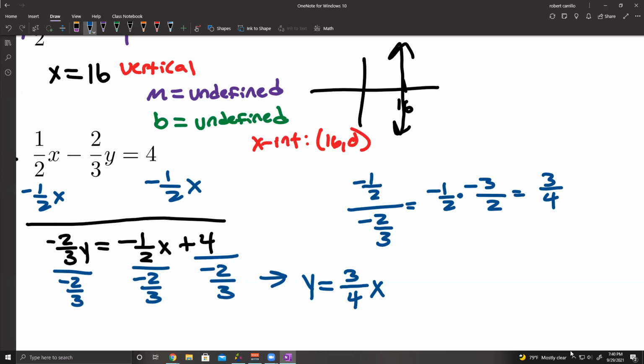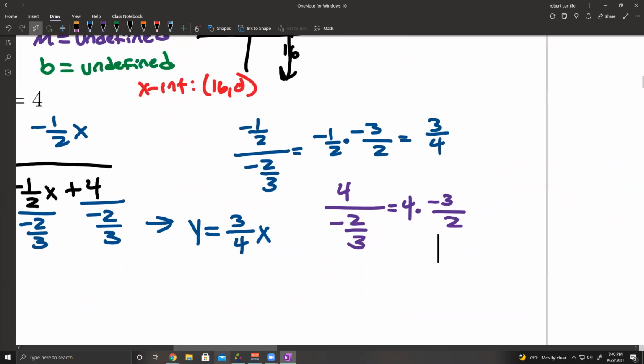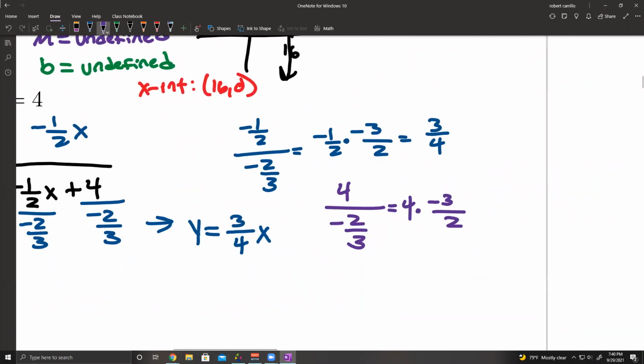Okay. And then you handle the next fraction work. 4 over -2/3. And again, multiply by the reciprocal. 4 times -3 halves. What is 4 times -3 halves going to give us?